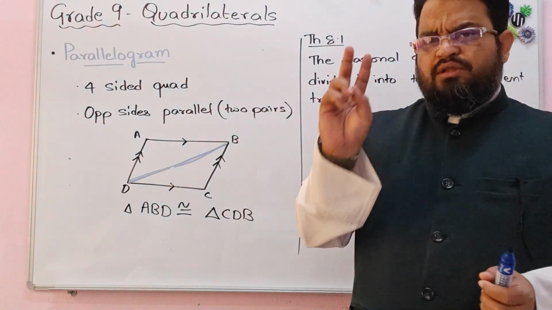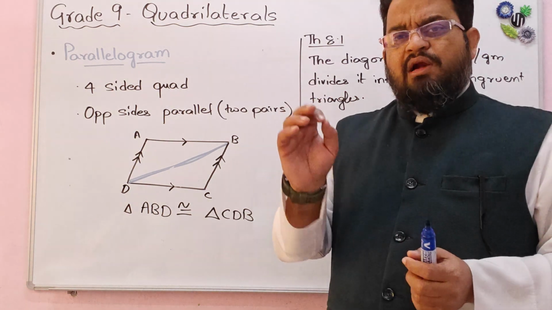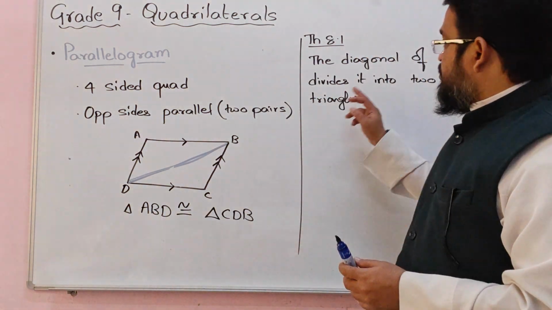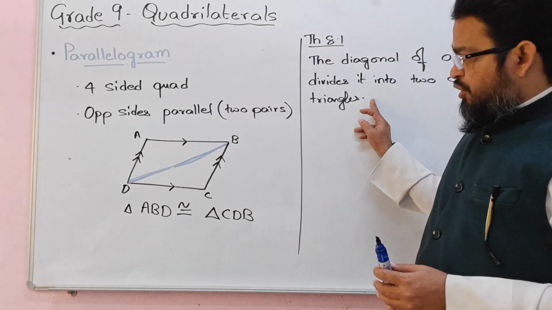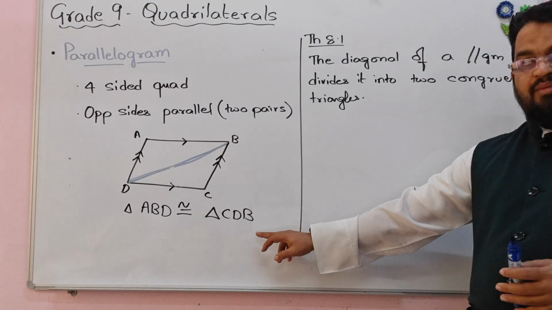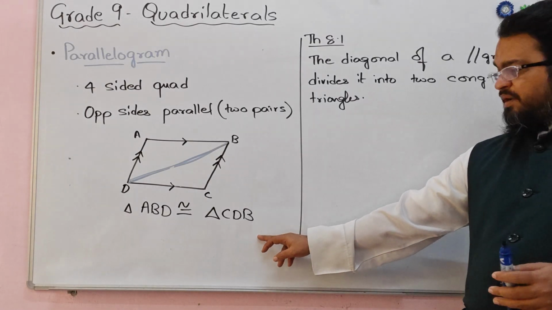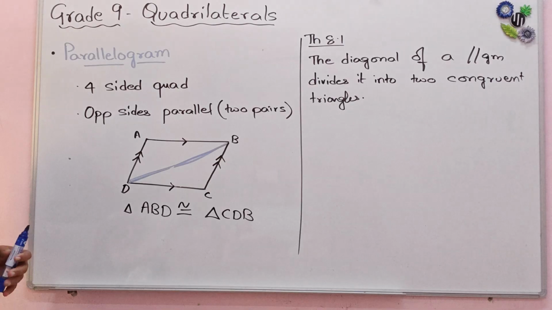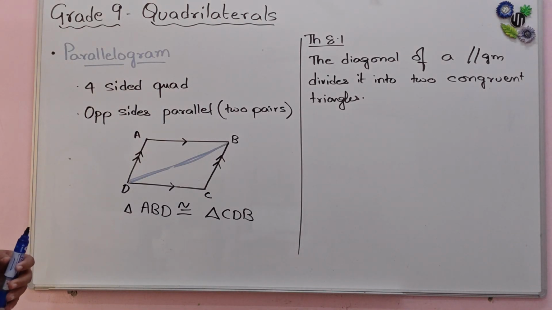Work hard for these 2 days. You will get very good marks and you will understand all the concepts of quadrilaterals. So write the statement by your own, draw the figure and represent the statement in symbolic form. So you will remember this. Pause it. Understood, my dear students?